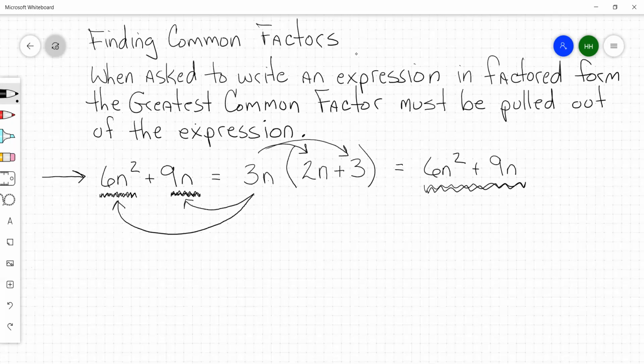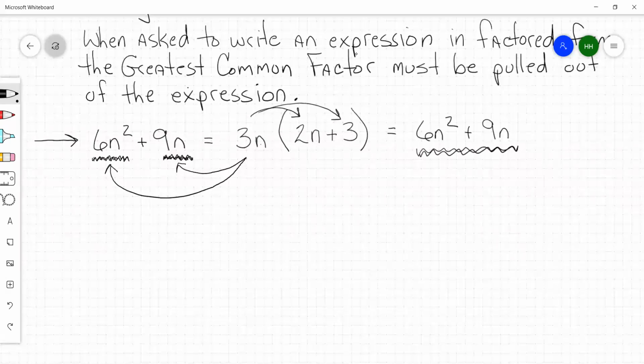Then you'll see some trinomials that you'll have to factor. You're going to be factoring some trinomials a couple of different ways today, but here's one of the ways. 4x squared plus 20x minus 56.